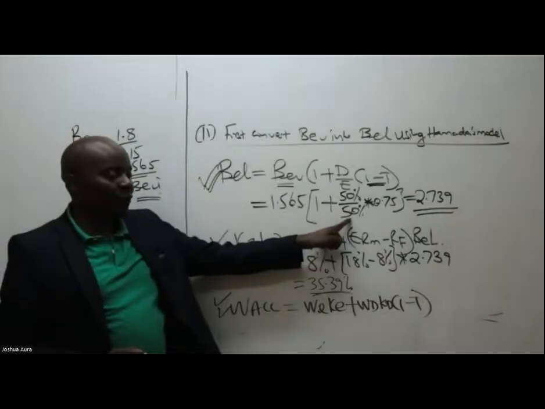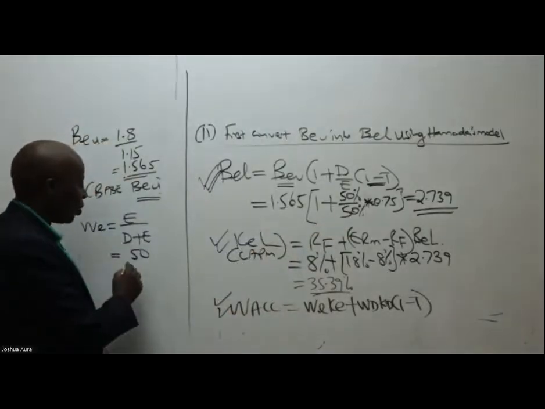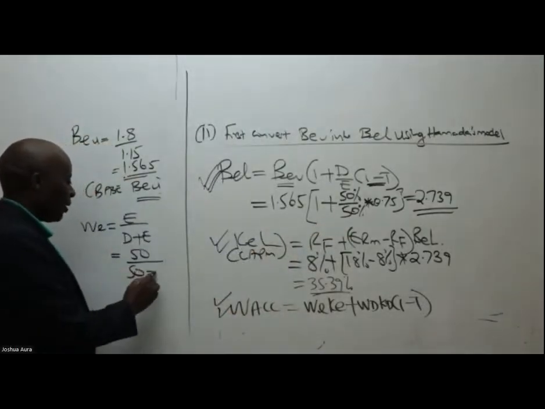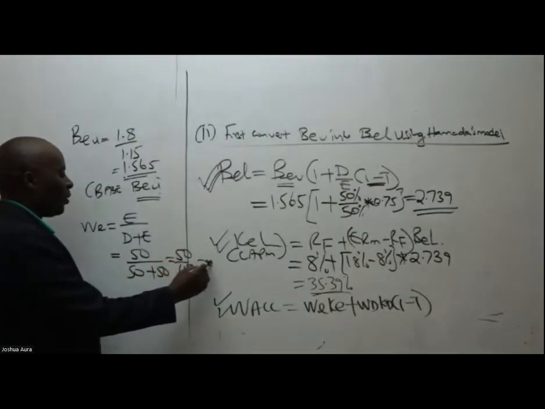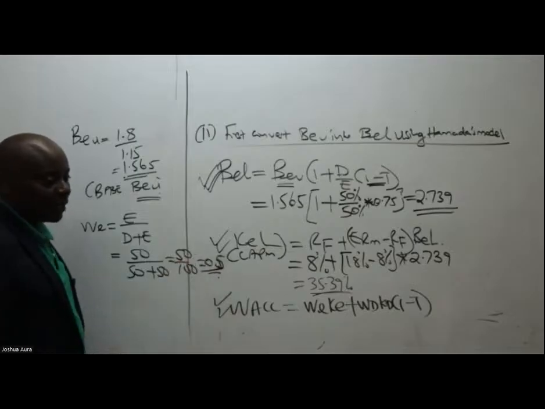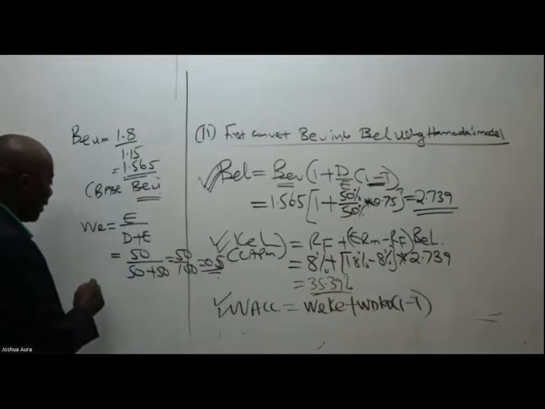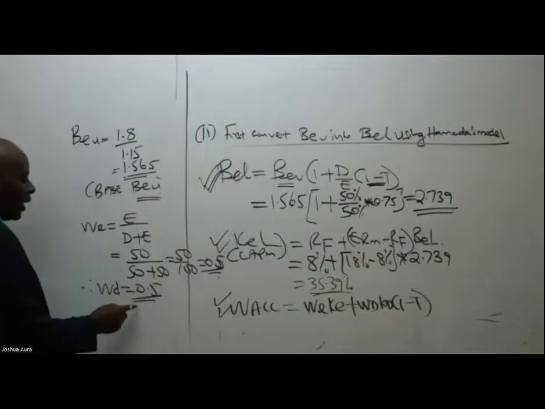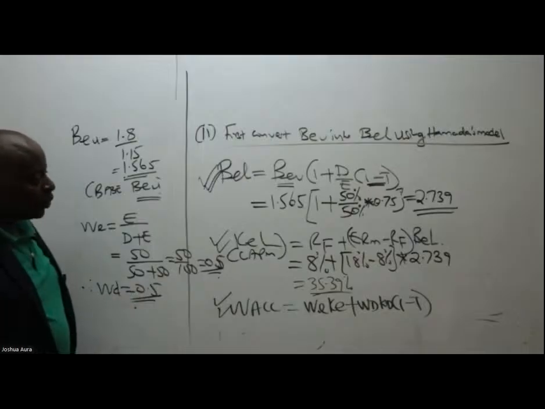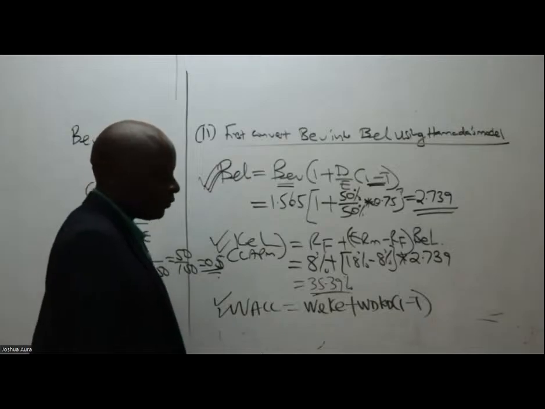So it's 50 equity over debt, which is 50, plus equity, which is 50. So this will be 50 over 100, which is 0.5. And the moment I've gotten the weight of equity, the weight of debt will also be 0.5.